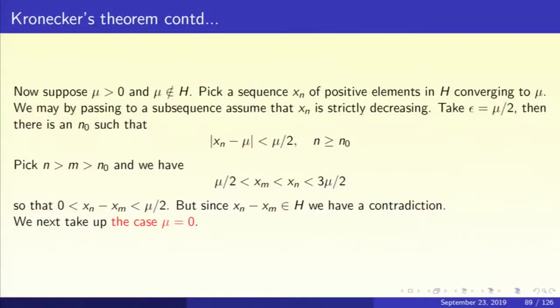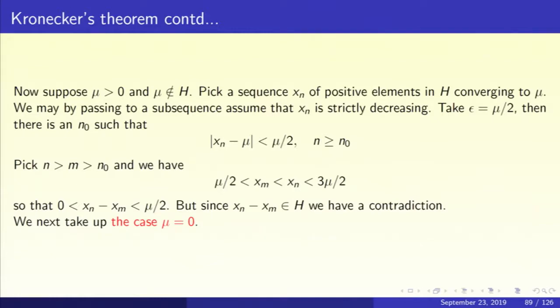Now, the next case, mu is positive and mu is not in H. Again, we are going to arrive at a contradiction as follows. So let us assume that mu is positive. Mu is the infimum, remember? Mu is positive, and mu does not belong to H, which means we can find a sequence xn of positive elements in H converging to mu.